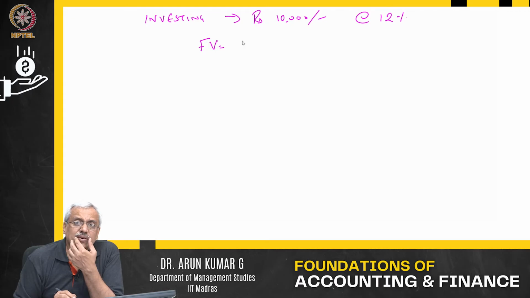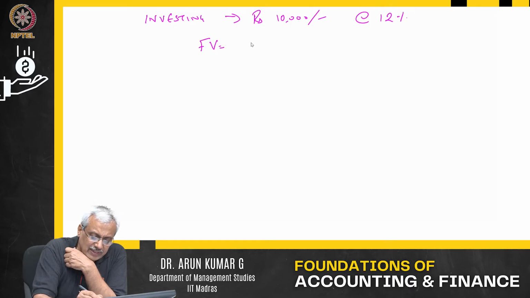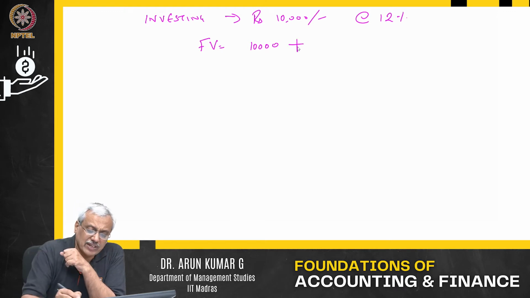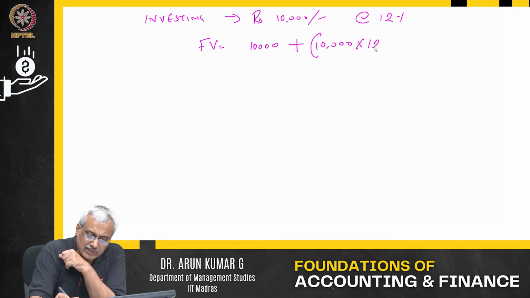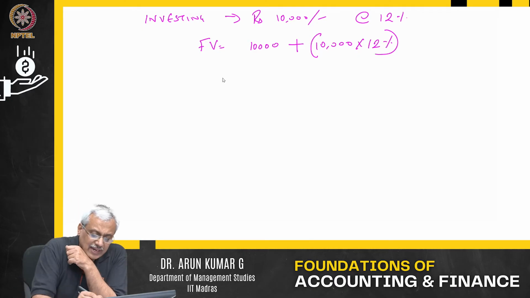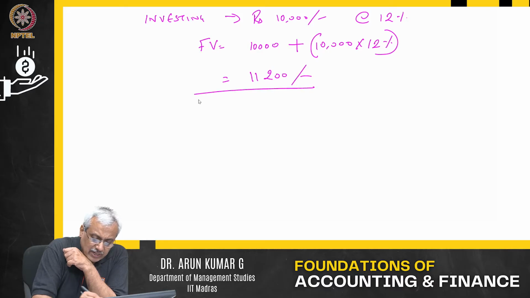The future value will obviously be higher than 10,000, because you are going to get back the 10,000 rupees plus 12% of 10,000. That is what you get back, 11,200, the future value.